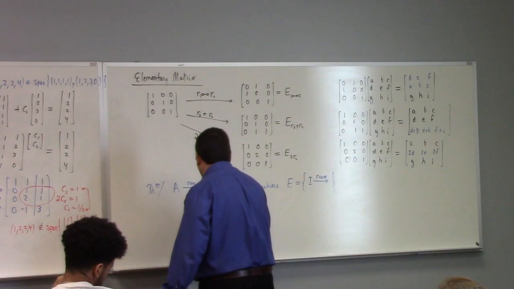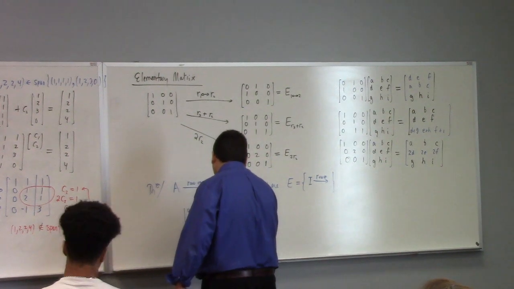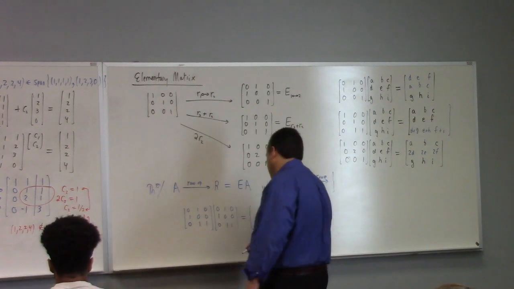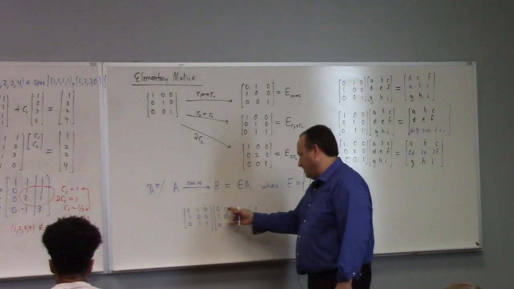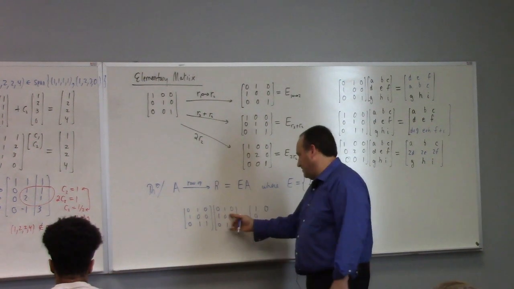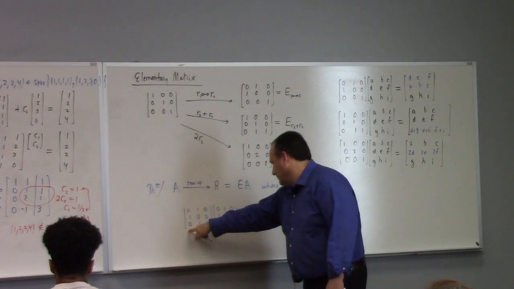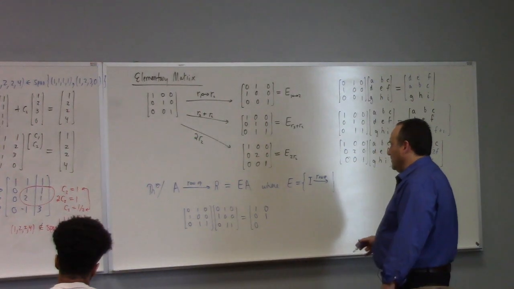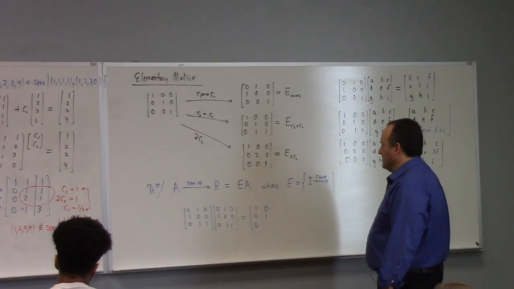And it's not an accident that if you multiply 0, 1, 0, 1, 0, 0, 0, 0, 1 by itself, what do you get? Whoa. I copied down the wrong matrix, didn't I?